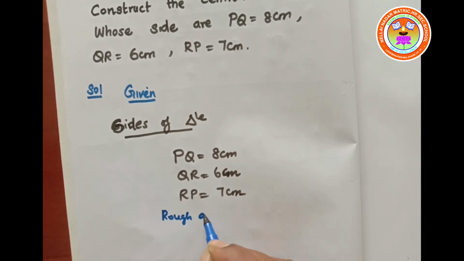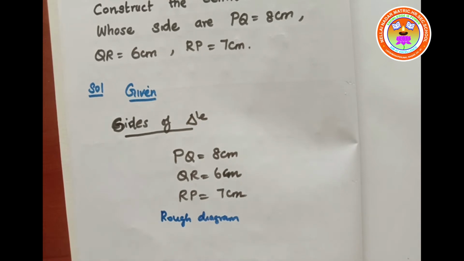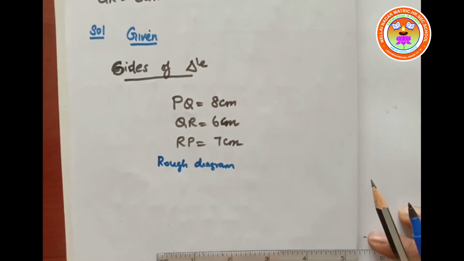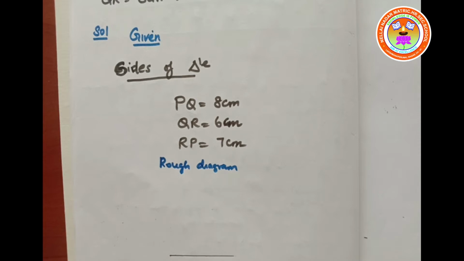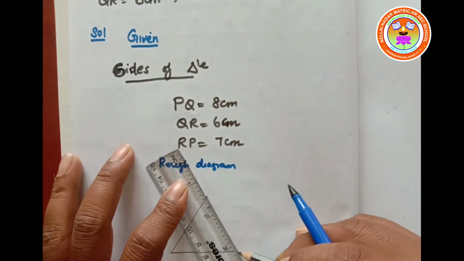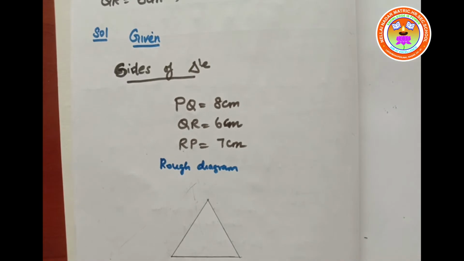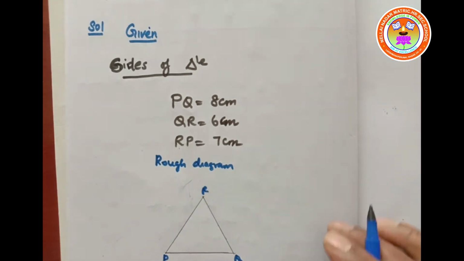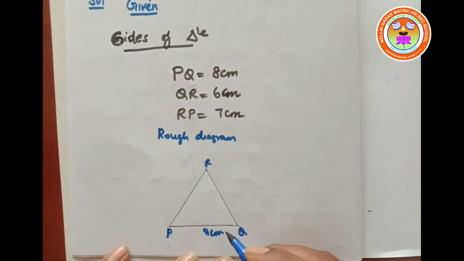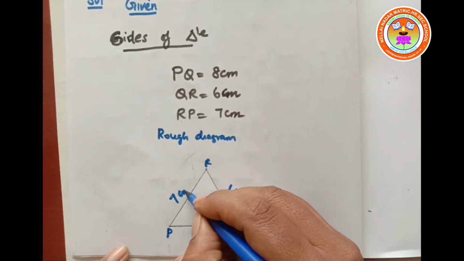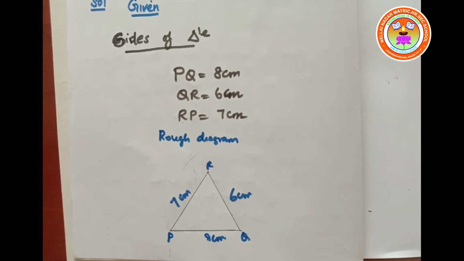In the rough diagram, first draw a triangle with vertices P, Q, R. PQ is given as 8 cm, QR is equal to 6 cm, RP equal to 7 cm. Now we will draw a fair diagram.